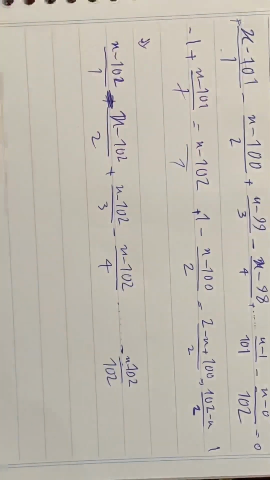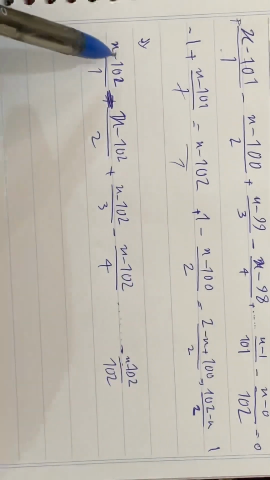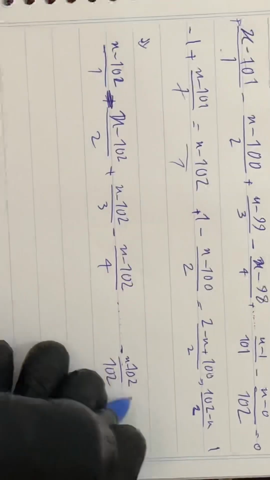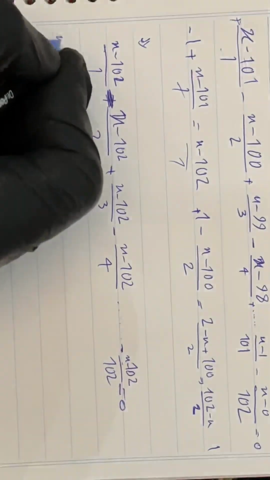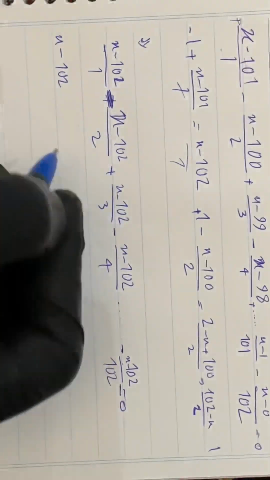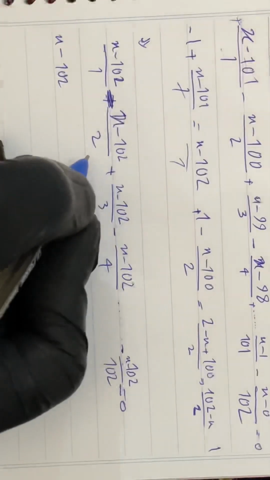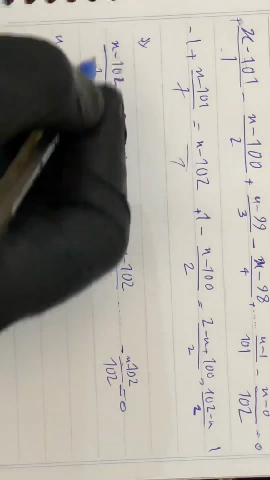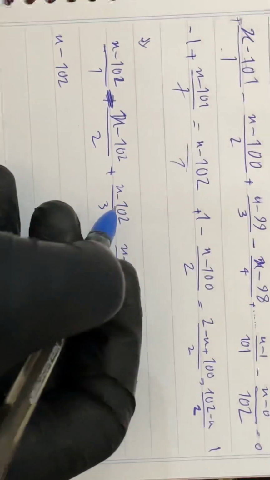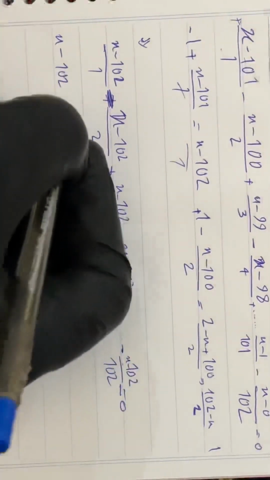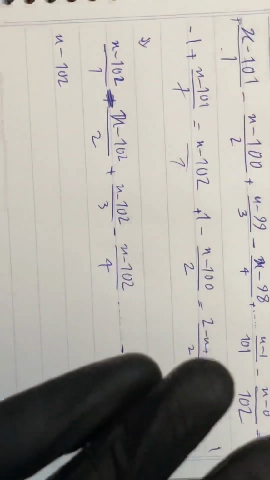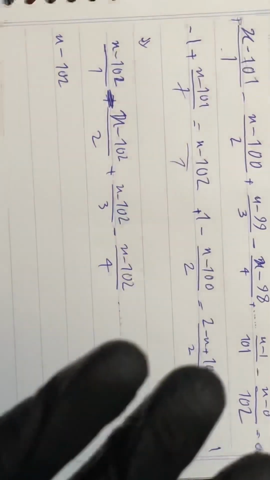You get this equation. The important thing is that you can factorize x minus 102 from the numerators. Don't pay attention to the denominator. We just use the adding and subtracting of 1 to reach something specific, something beautiful, something common in the numerator, because the denominator is tricky and a bit hard to work with.